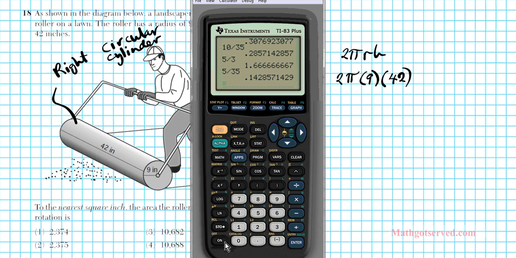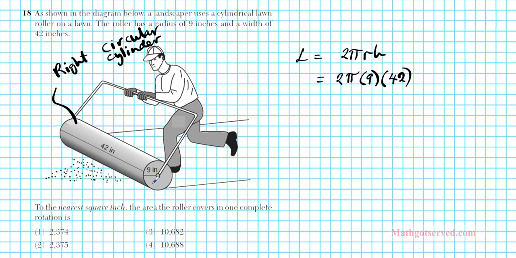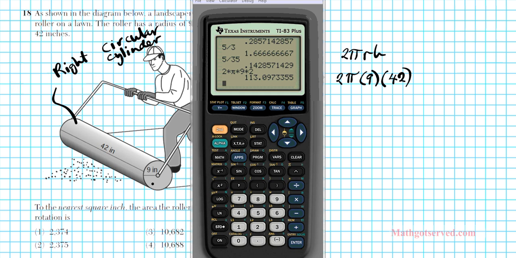We're going to enter in our calculators: 2 times pi times the radius times the width of the roller, which is the same thing as the height. All right, let me enter it again.